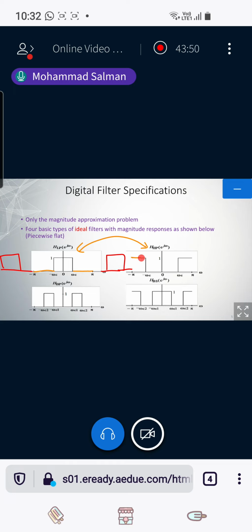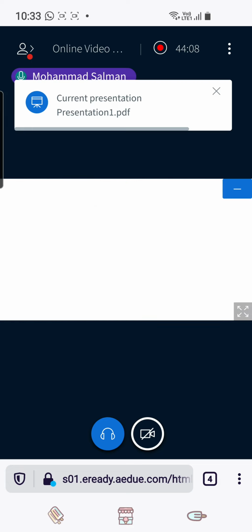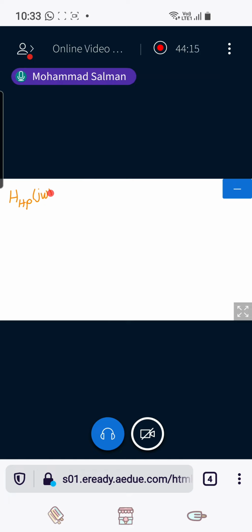Low pass filter is 1 minus high pass, or high pass filter is 1 minus low pass, right? So H high pass of j omega is 1 minus H low pass of j omega.